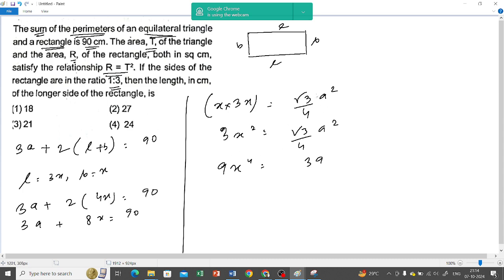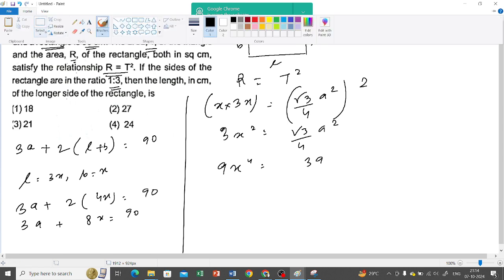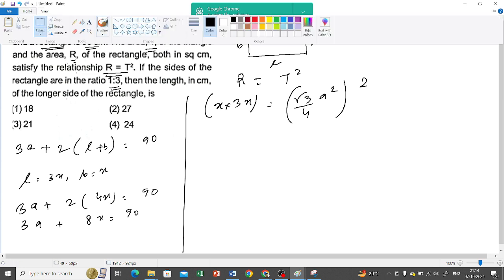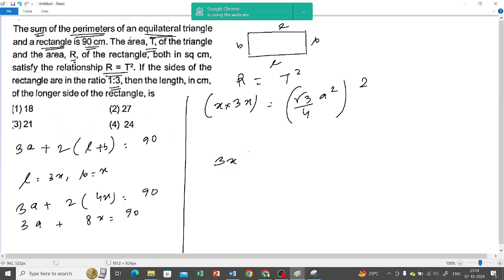আচ্ছা ট্রায়াঙ্গেলের স্কোয়ার আছে, ঠিক আছে। r is equals to t square, right? So this is equals to the square of the area of the triangle. 3x square is equals to 3 a to the power 4 by 16, okay.